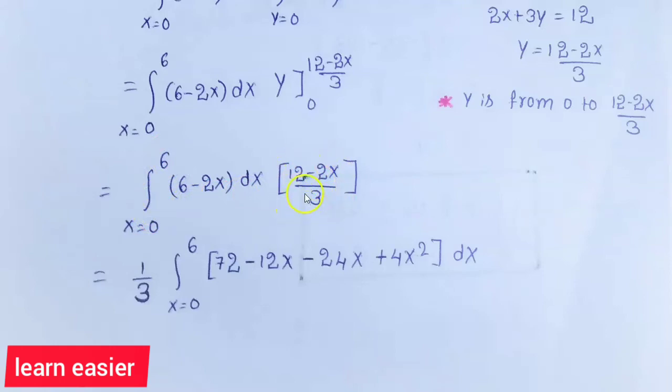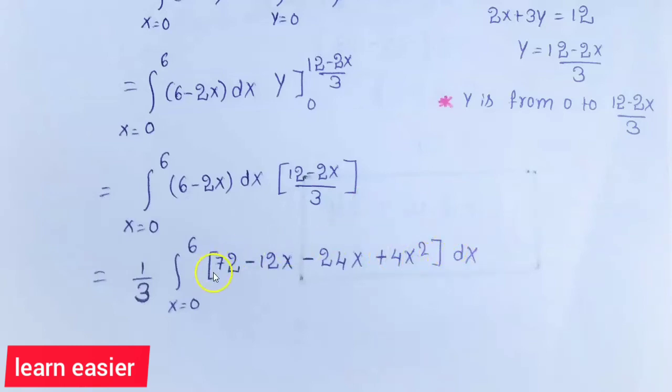Now take the 1 by 3 outside because it is a constant. That's why we have written it here. Now 6 minus 2x into 12 minus 2x, let's multiply these two terms. 6 times 12 is 72, and 6 times minus 2x is minus 12x. Minus 2x times 12 is minus 24x, and minus into minus is plus, so 2x into 2x is 4x square, into dx.